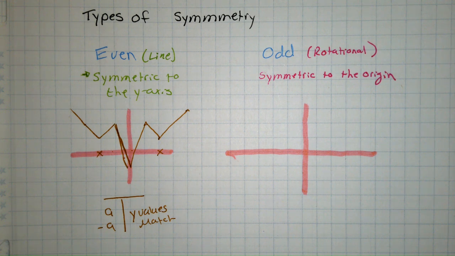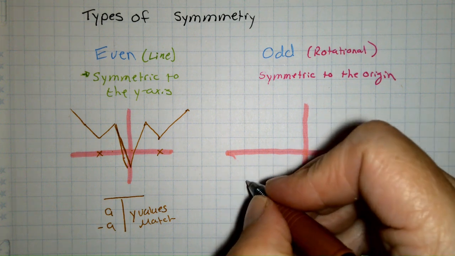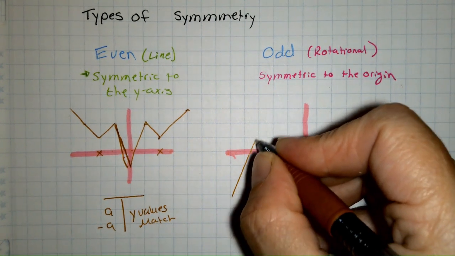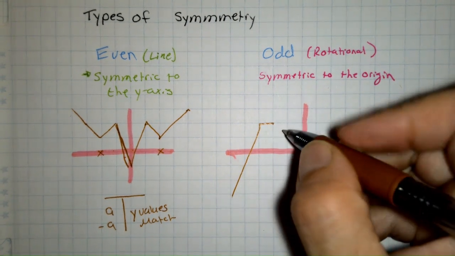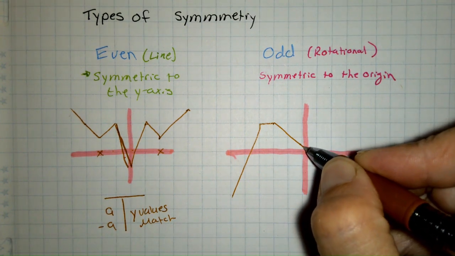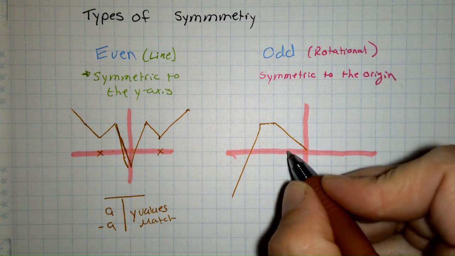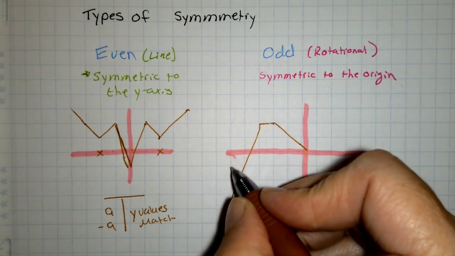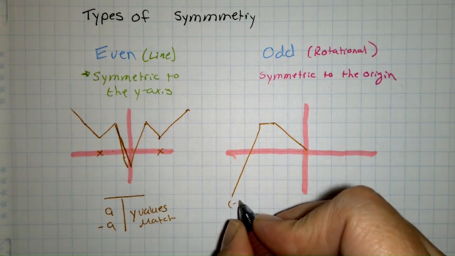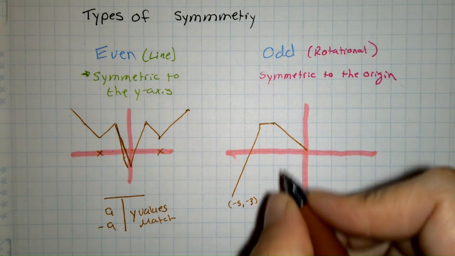So whereas this came up from 1, 2, 3, 4, 5, 1, 2, 3, -5, -3.